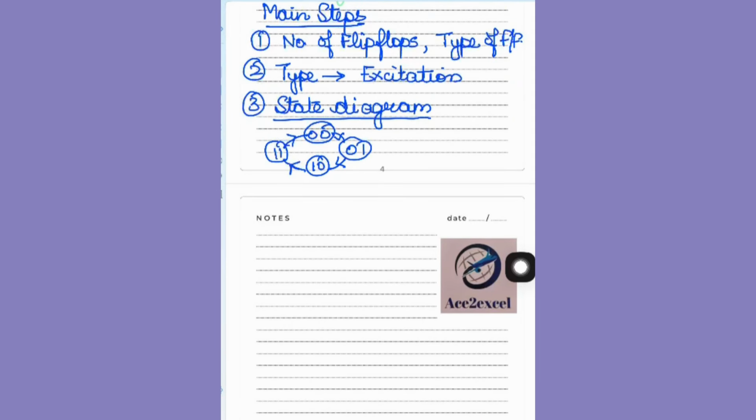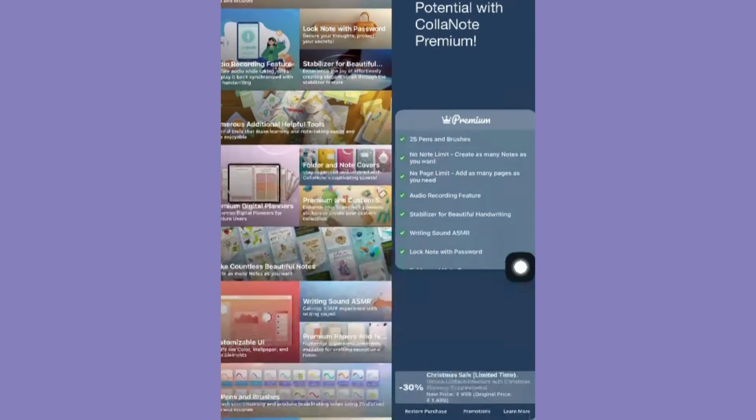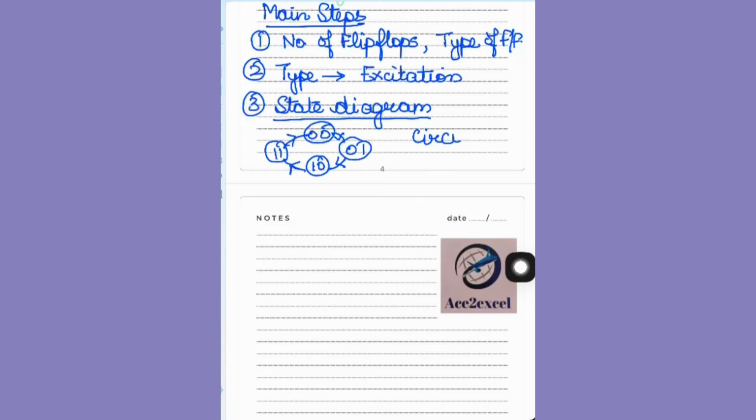After making the state diagram, in the same step, you will also make the circuit excitation table. What is a circuit excitation table?